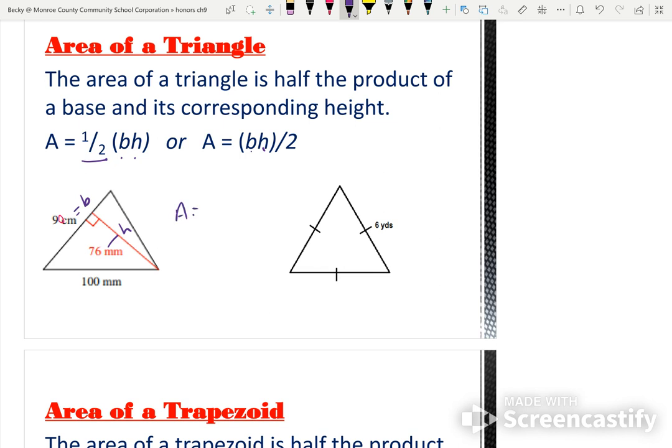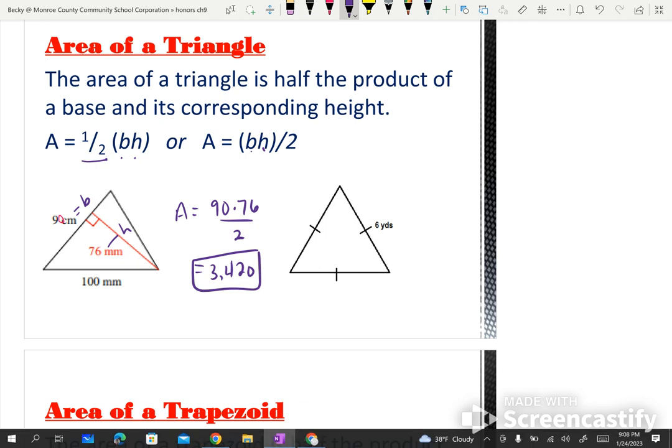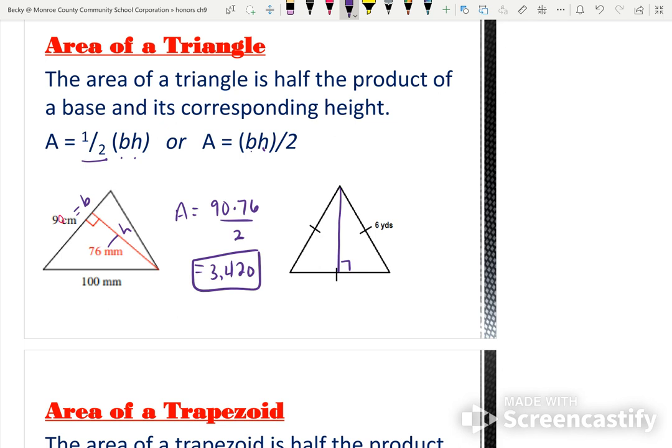So my area is going to be 90 times 76 over 2. Okay, so 90 times 76, enter, is 6,840. Divide that by 2, I get 3,420.